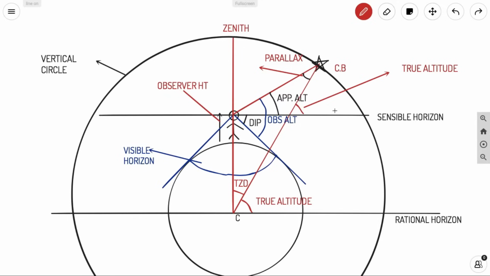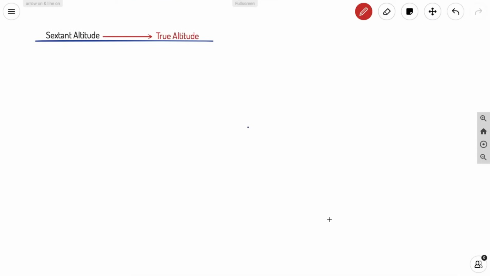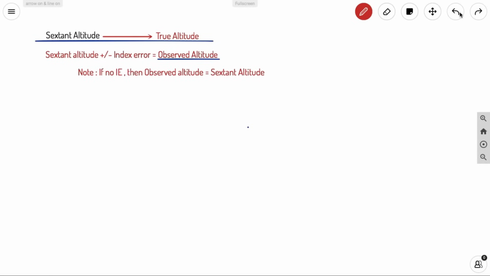But there are some other factors we are also considering. Those are semi-diameter and refraction that we will discuss. So we can conclude now. From sextant altitude to true altitude, how we get true is, sextant altitude plus or minus index error will give you observed altitude, and if you don't have any index error, then observed altitude is equal to sextant altitude.